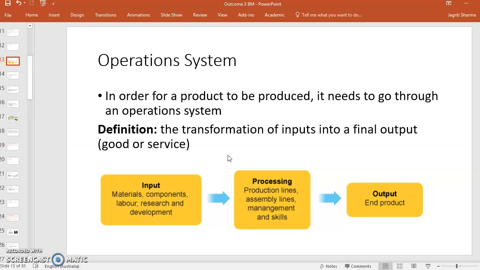Now processing again is the different steps that it goes through in order to give us the final product. For example, you need to peel the potatoes, slice them into thin chips, and then process them in the machinery and you get an end product. So these are the three steps that every business will take into consideration when they're starting a business.